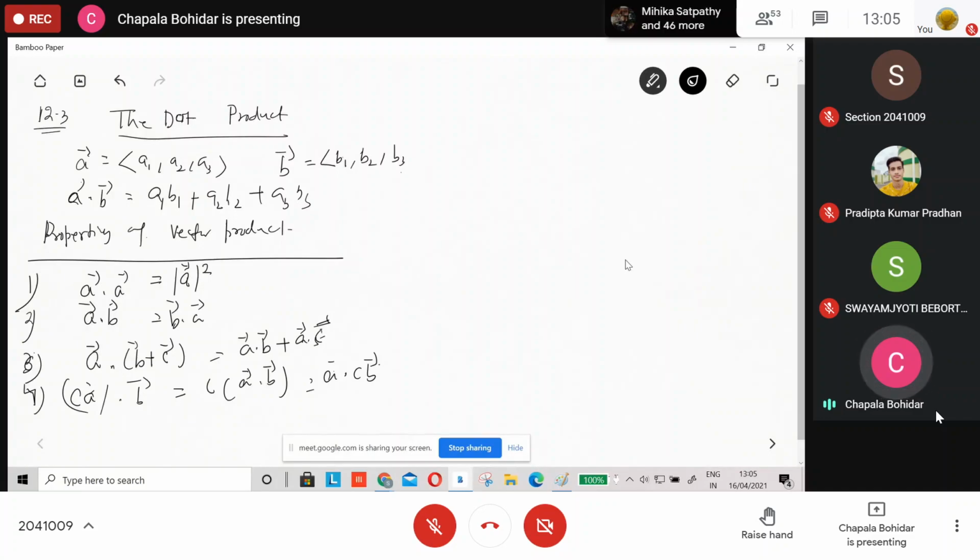You can use alpha as a scalar. Don't get confused, I am using alpha as the scalar.